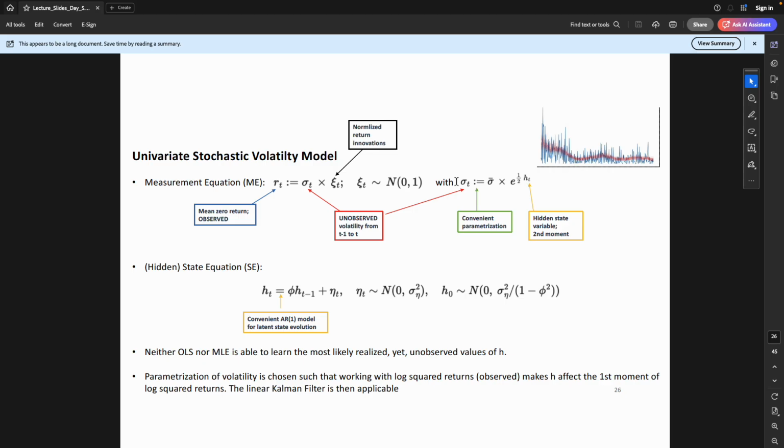So you have the log of RT squared equals the log of this one plus, and now suddenly this guy comes down, plus ht plus the log of this one. So, observed, by simply transforming what I observe, and now suddenly what I care about is in the mean. And now I can use filtering techniques for that.